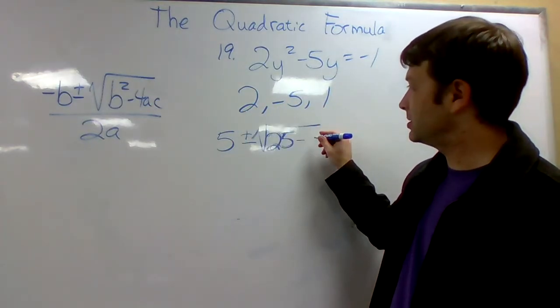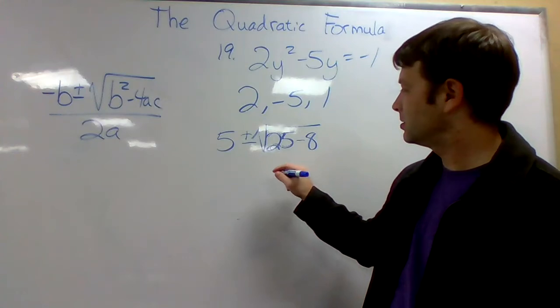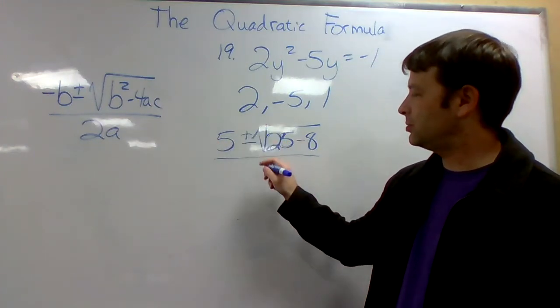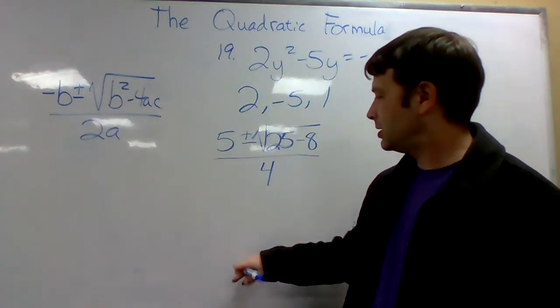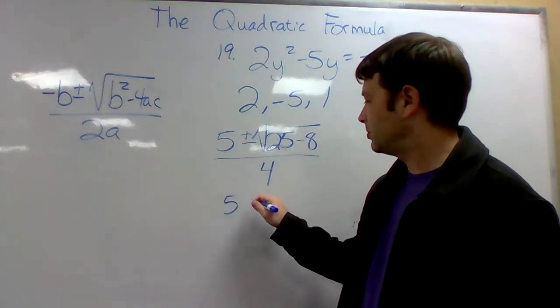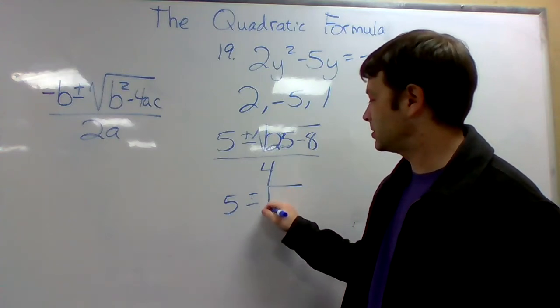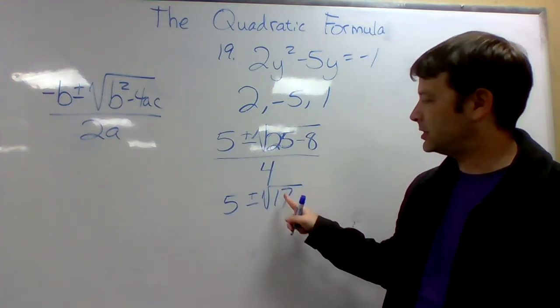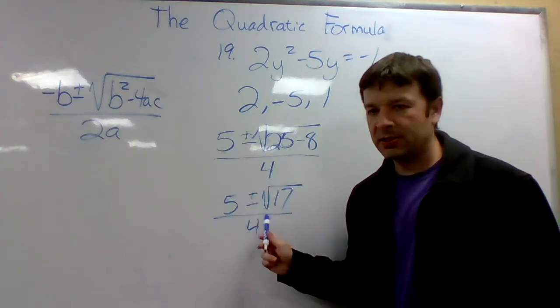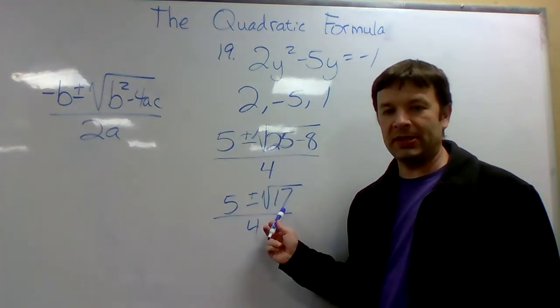Times 1 is 8. Over 2 times 2. Okay. And then in the square root, it's what is 25 minus 8? 17. Okay. So, does the square root of 17 simplify?